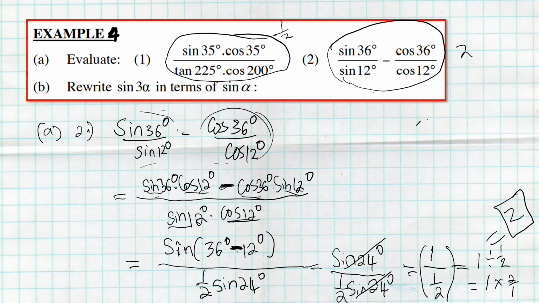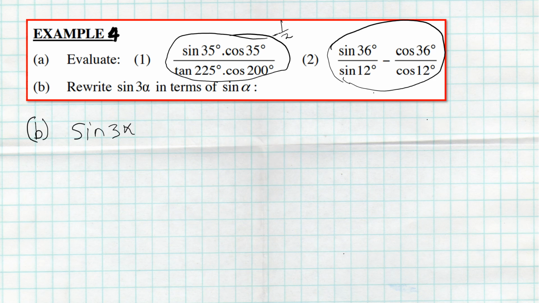Okay, let's look at the last one, which is B. With B, they are saying express sine 3 alpha in terms of sine, right? In terms of sine, they mean it must be expressed in terms of sine only. So to do this, we can rewrite 3 alpha as 2 alpha plus alpha, because we learned about compound angle identities.